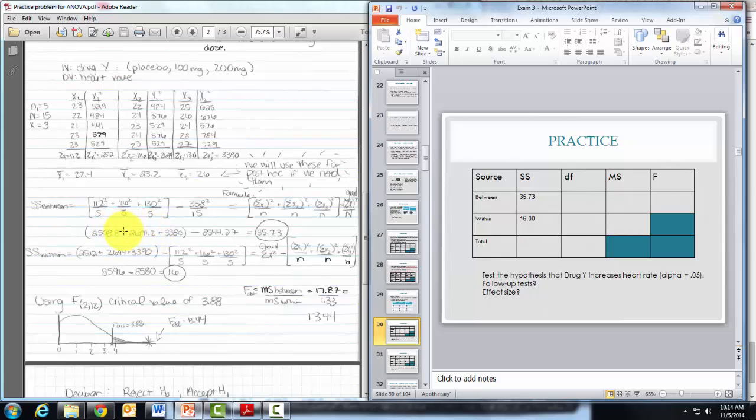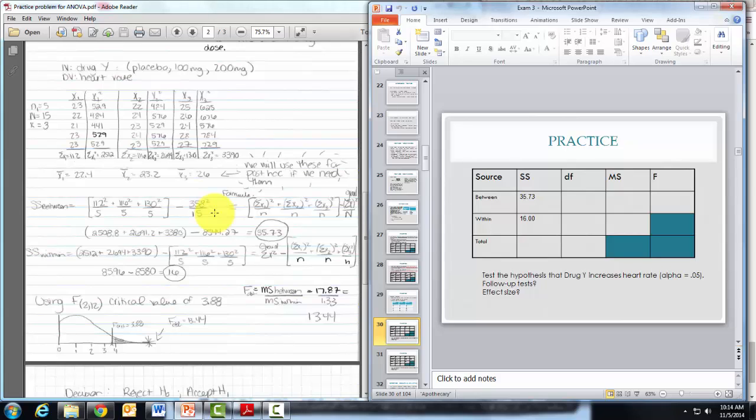Okay, which should equal 8,580. So if you add these together, it should equal 8,580. Then I'm going to need to subtract the grand sum of x squared over n. This is a new kind of concept that we're doing with ANOVA.